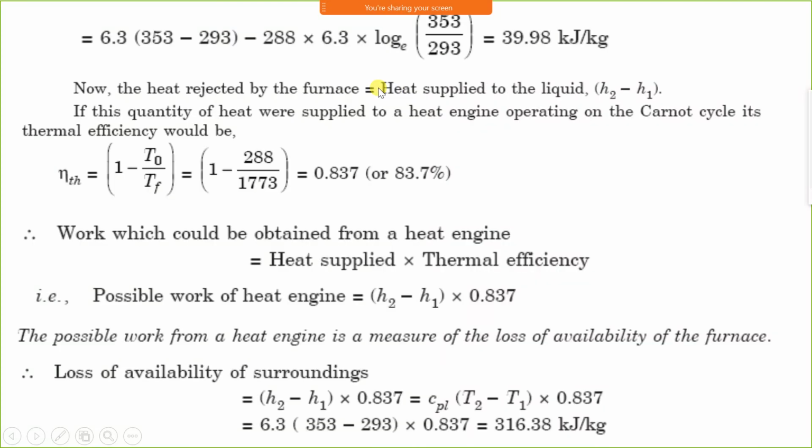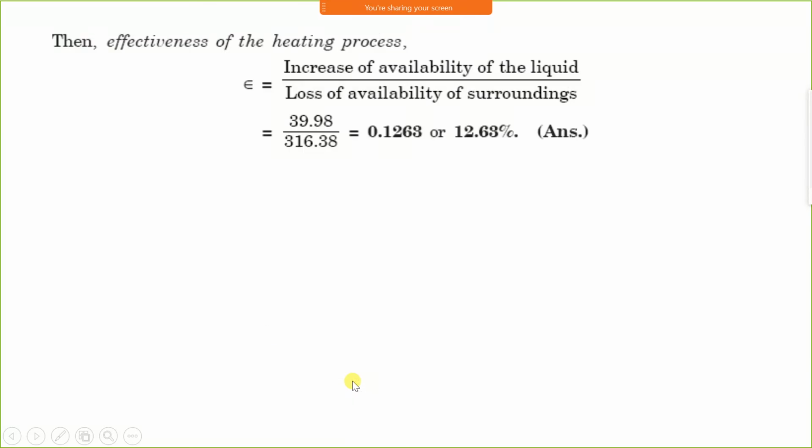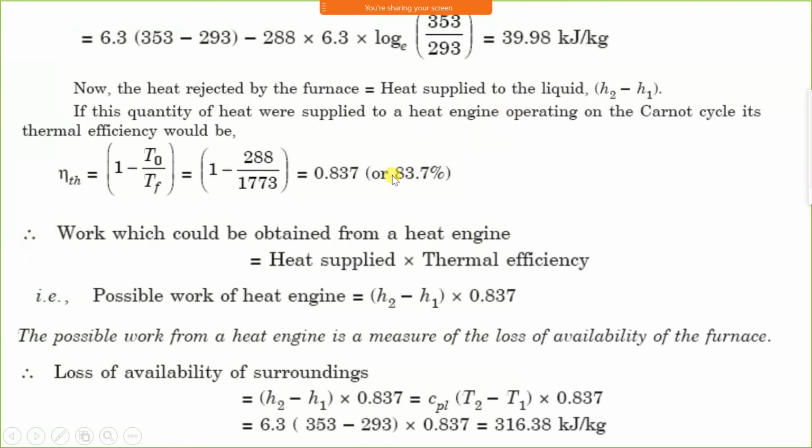Why did we calculate loss of availability? Because the formula of effectiveness is increase of availability of liquid upon loss of availability of surrounding.